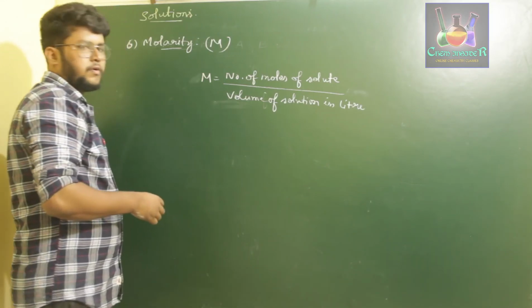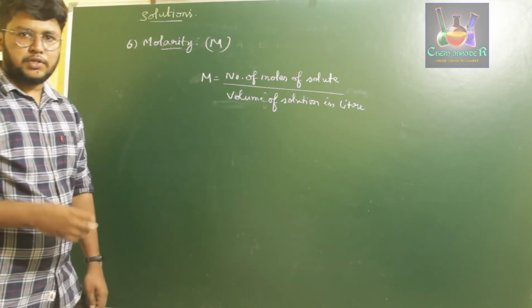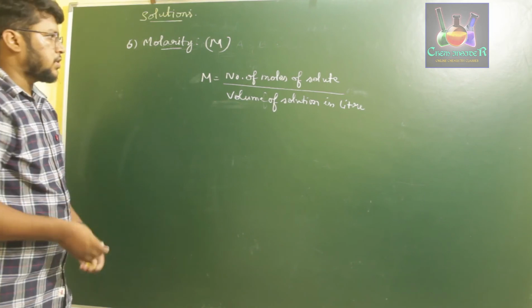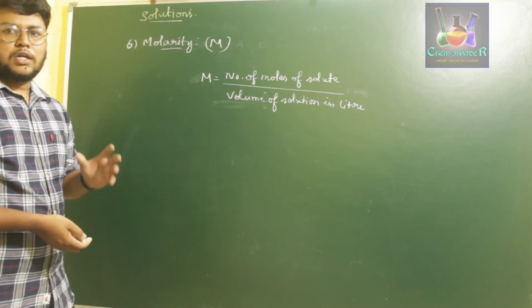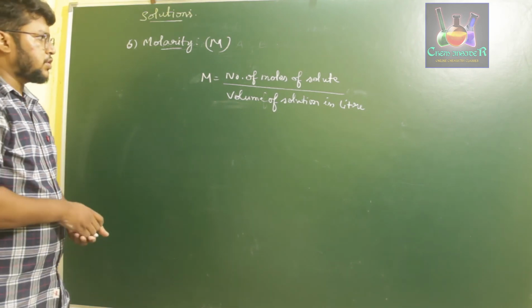So M is given as number of moles of solute dissolved in 1 liter of the solution. So molarity is defined as number of moles of solute dissolved in 1 liter of a solution.